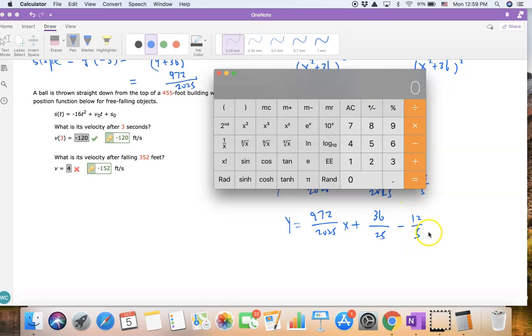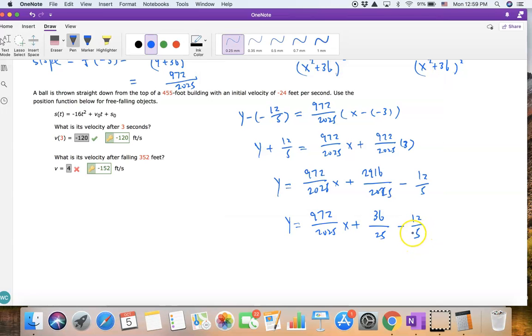We combine these two terms: we multiply 36 by 5 and 12 by 5, giving us 60. So y equals 972 over 2025 x minus 24 over 25.